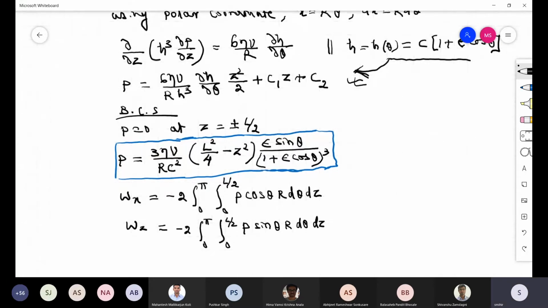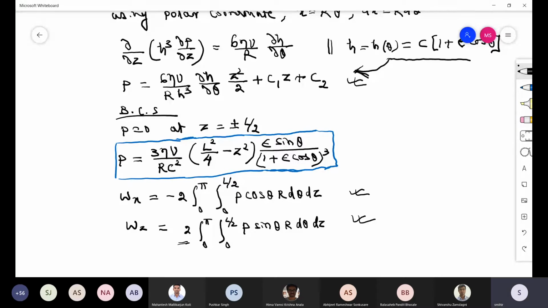If you see here, we are fixing the coordinate system at the middle of the bearing in the length direction, so our length direction varies from -L/2 to +L/2. Sorry, this minus should not appear here. So therefore this 2 comes into the picture: I am making the limits 0 to L/2, 2 into 0 to L/2, to get the total pressure. And in the theta direction, we are taking the limit from 0 to pi. That is what we did for the half Sommerfeld solution.